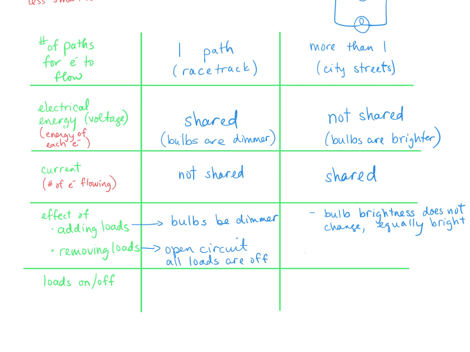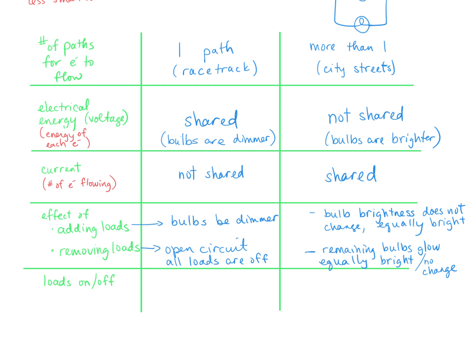Whereas if you remove loads from the parallel circuit, again, the remaining bulbs glow equally bright, as bright as they were before. So there's essentially no change. Okay, so maybe we'll make that point that there's no change.